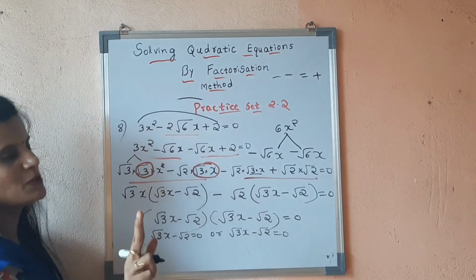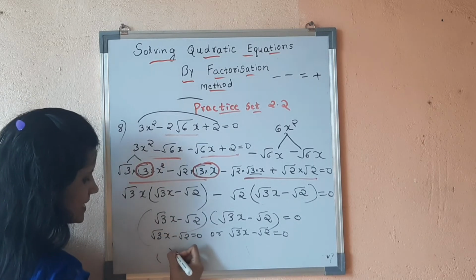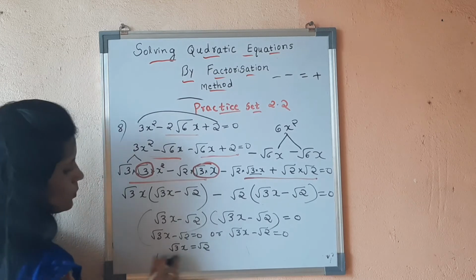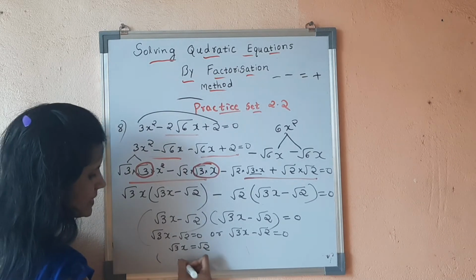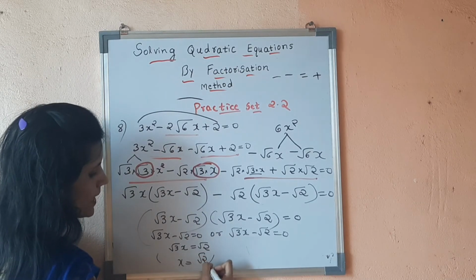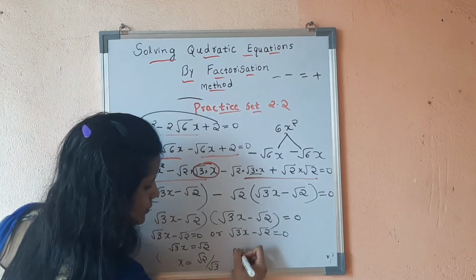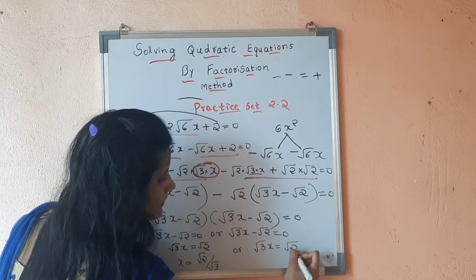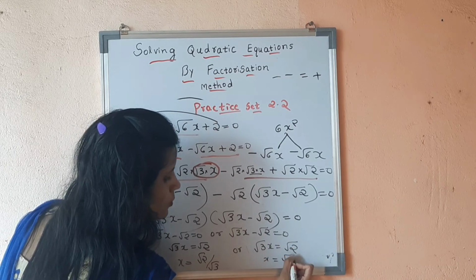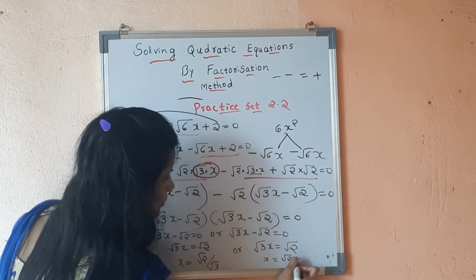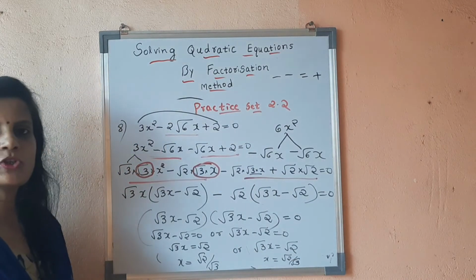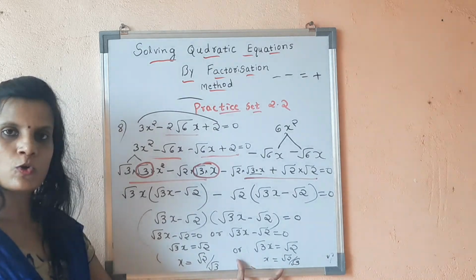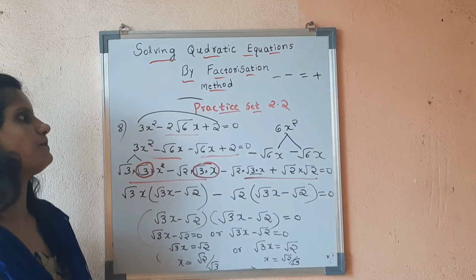So we are getting the same solutions, that is root 3x is equal to root 2, and x is equal to root 2 by root 3. Here also the same thing, root 3x is equal to root 2, and x is equal to root 2 divided by root 3. So the solutions of the equation will be root 2 by root 3 and root 2 by root 3.